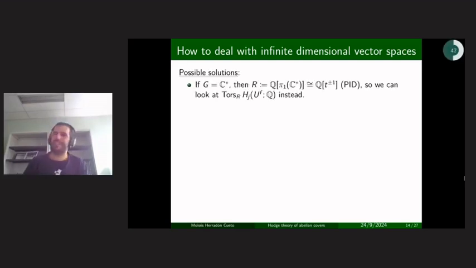So one way, which makes a lot more sense in the one variable case: if the group is C star and the fundamental group is Z, the Laurent polynomial ring has just one variable, which makes it a principal ideal domain and means that every module is something torsion and something free. So what about throwing out the free parts and sticking with the torsion?